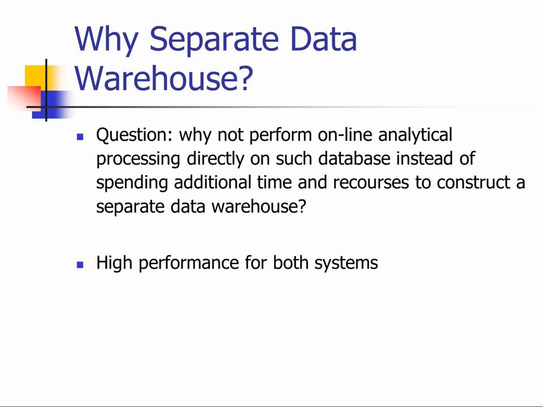Because data warehouses can remove all of that overhead and build up high performance for both systems. If you want to operate those things on the original database, such as UCA's, that's doable. However, you can see that you will have overhead. You will reduce the performance of the regular operational database.